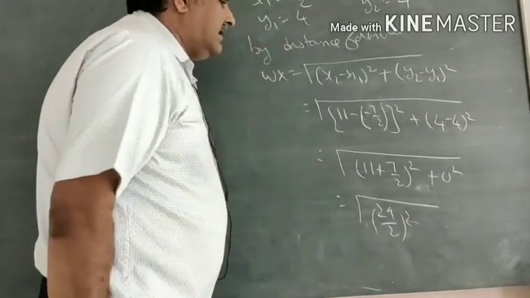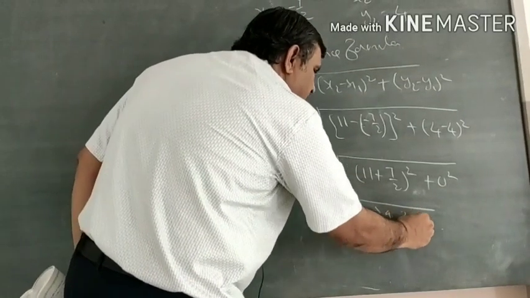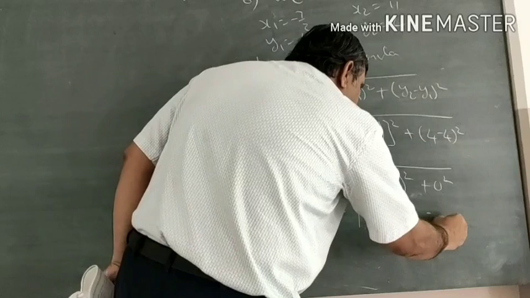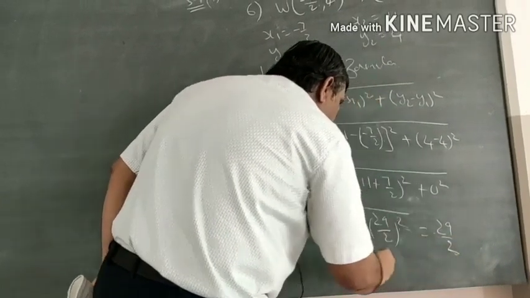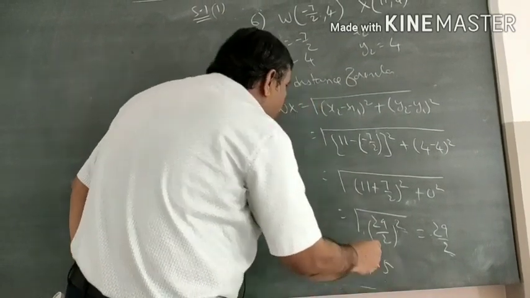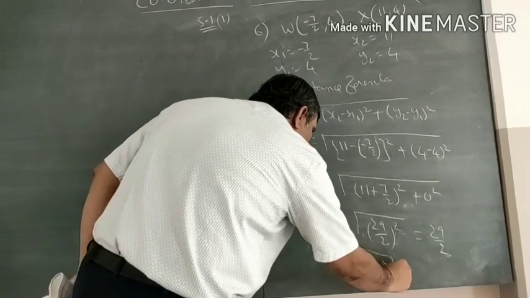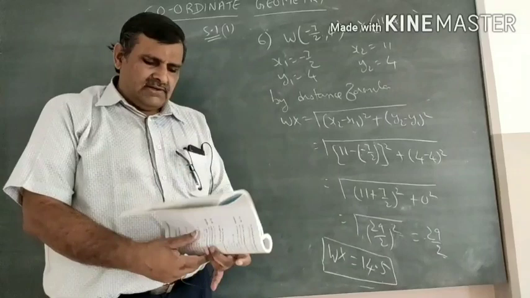Square root of 29 upon 2. Square root and square will get cancelled. And what is left here? It is equal to 29 upon 2. 29 upon 2 means 14.5. So Wx is equal to 14.5. So we have finished our first sum.